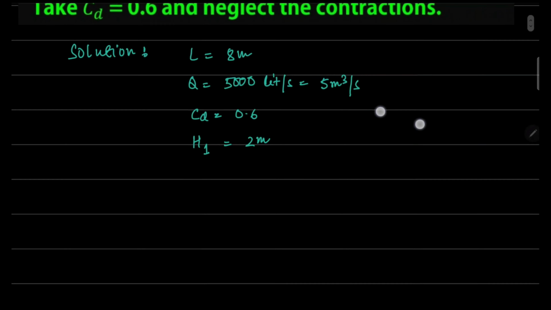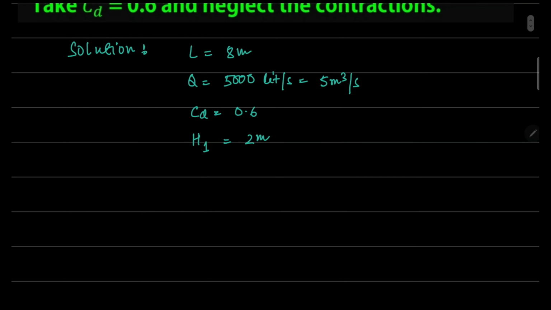So we will draw the diagram for this. Suppose the weir is here. This is the base, over which a weir is placed, such that the water is flowing over the weir.